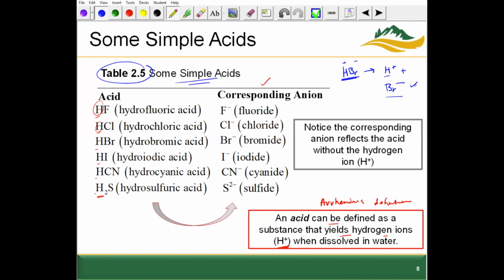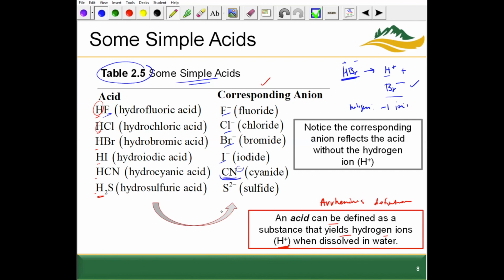We also know this to be true because bromine is a halogen, so it will form those -1 ions as a halogen. So the corresponding anions, you can see we have F-, Cl-, Br-, and I-. For cyanide as well, CN-, overall -1 charge for that polyatomic anion of cyanide.